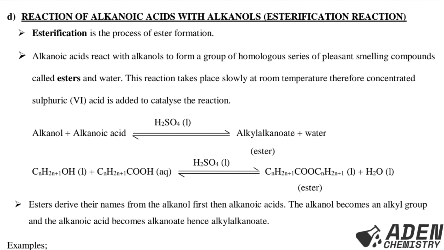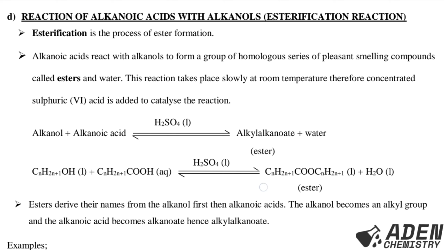So if we write the general equation, it will be like this. The general formula for alkanol is CnH2n+1OH, which is a liquid, plus alkanoic acid. The general formula for alkanoic acid will be CnH2n+1COOH. What we are going to get is ester and also water.